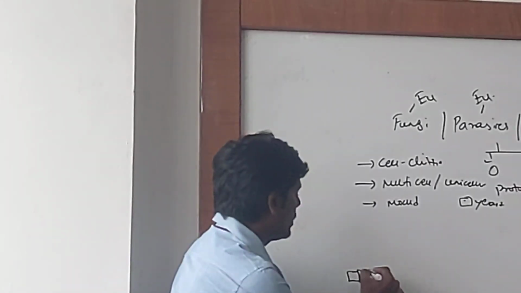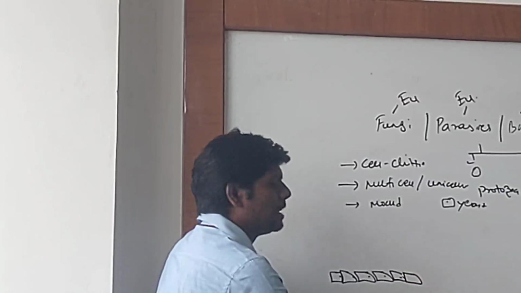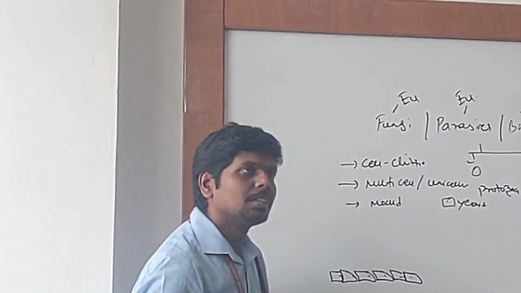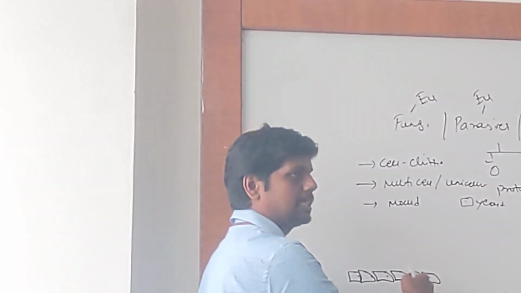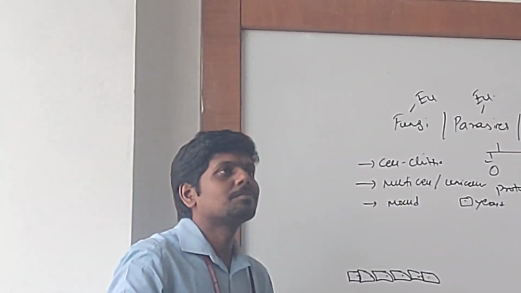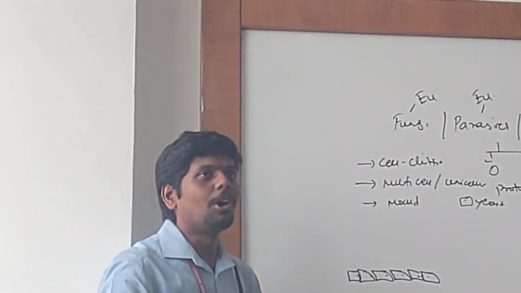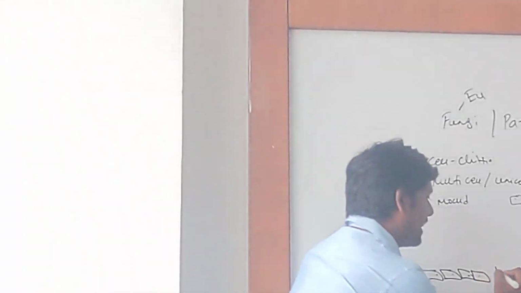In fungus, a group of cells will make a strand-like structure with septas in between. This is called as what? Hyphae.